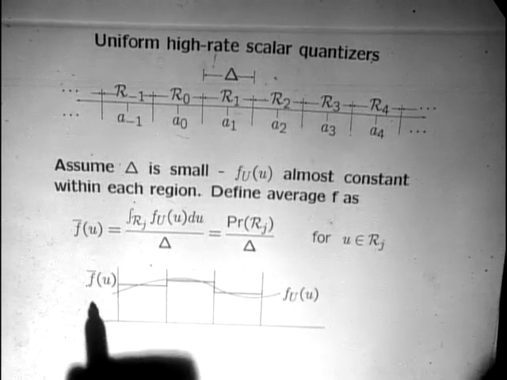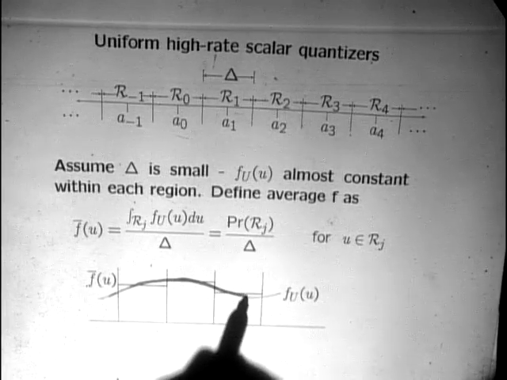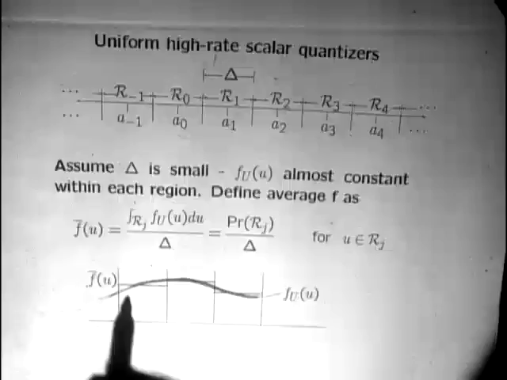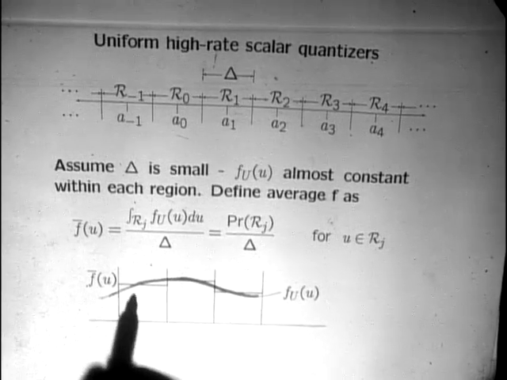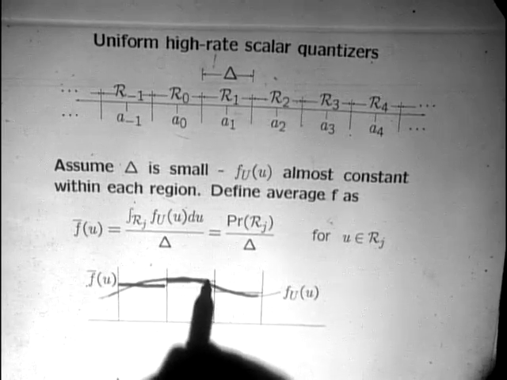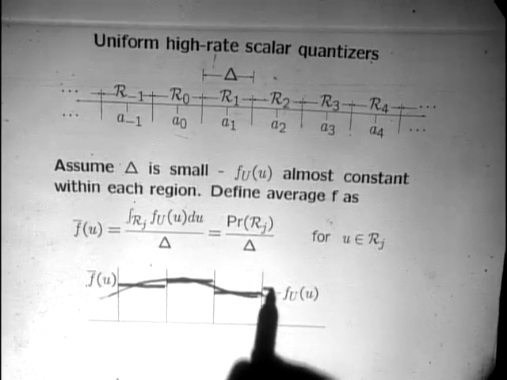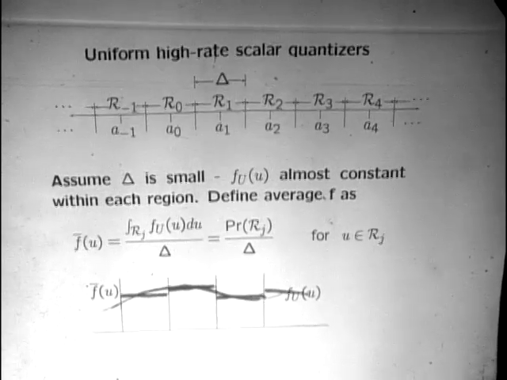I have a density here which runs along like this. And within each region, I will choose f bar of u to be a piecewise constant version of this density, which might be like that, okay?